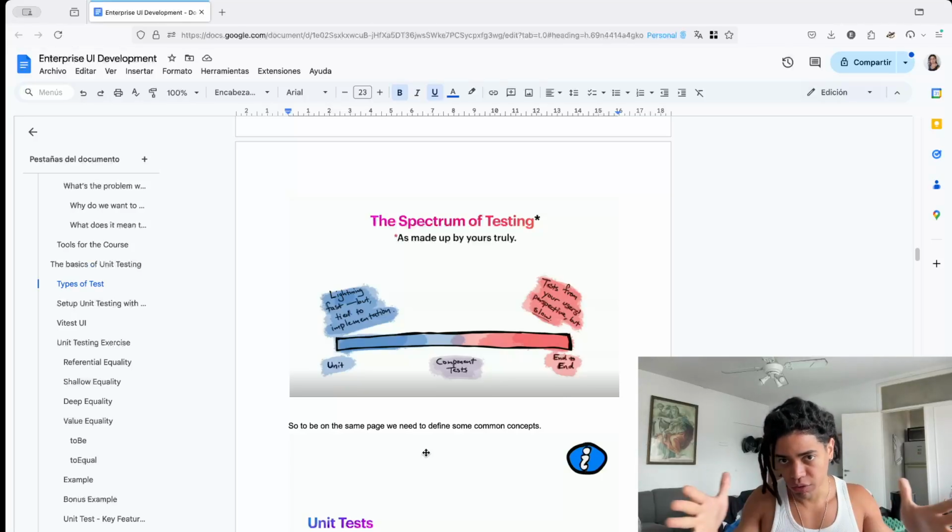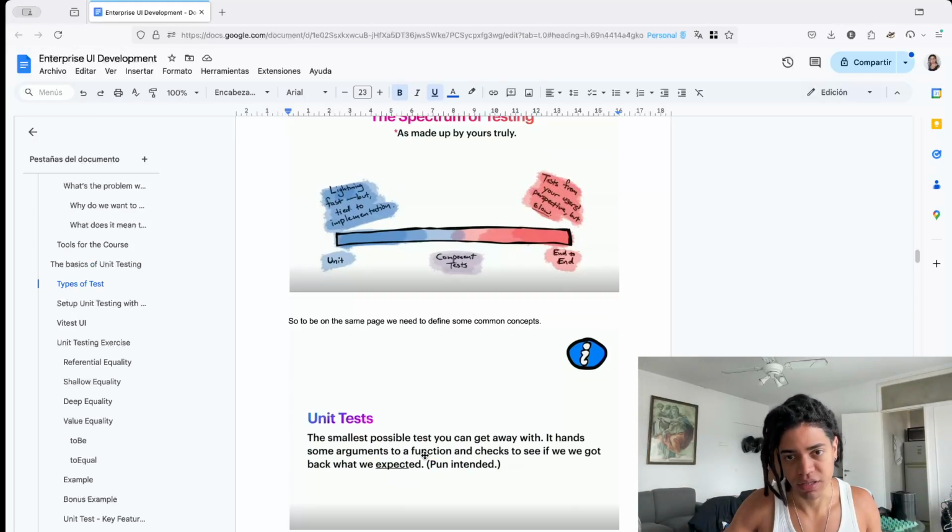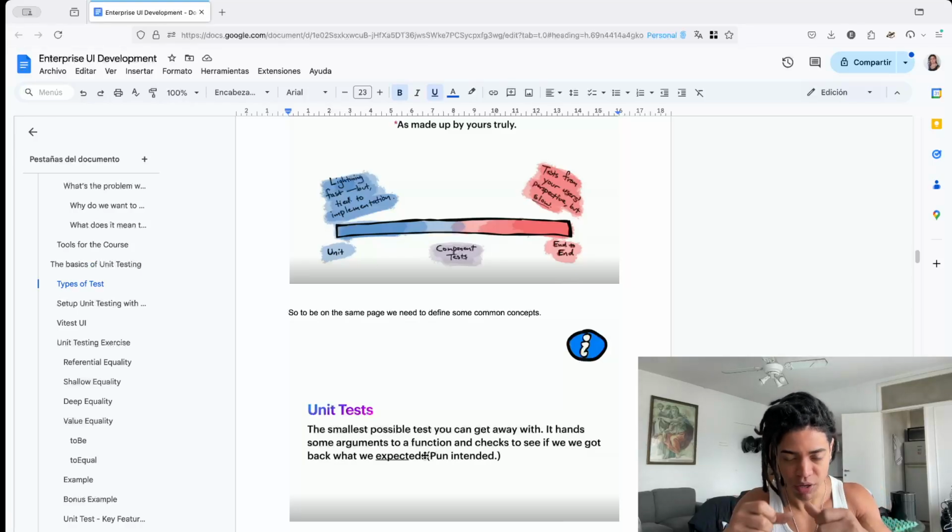But the idea here is to understand this is a spectrum of testing, this is a discipline when it comes to actually writing implementations that pass a particular test, and then we can ship that code or we can integrate that code in a CI/CD process.